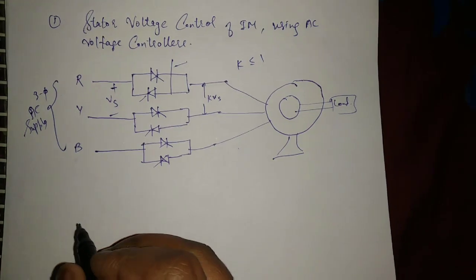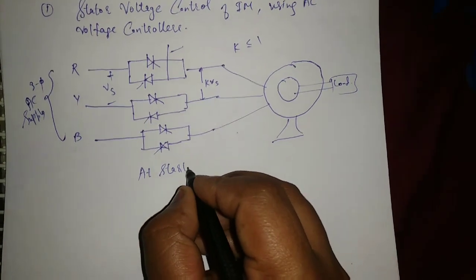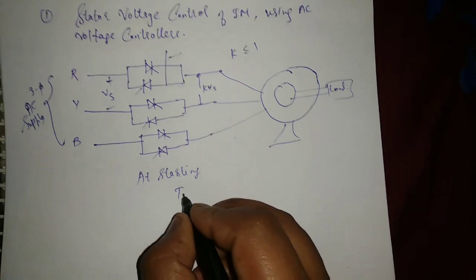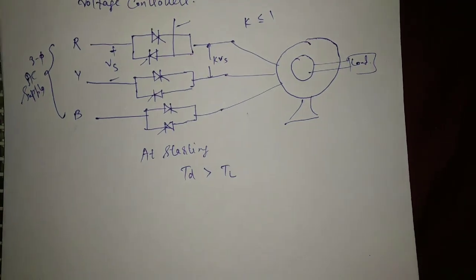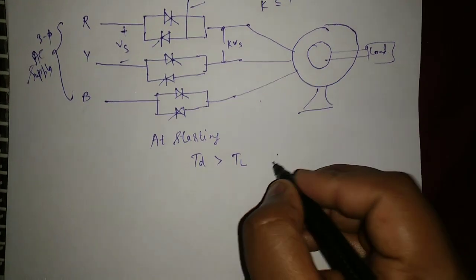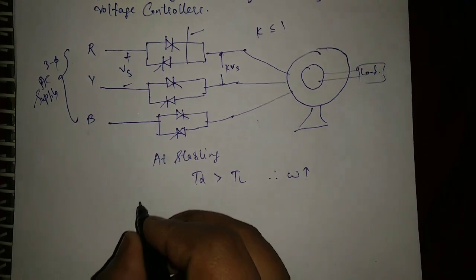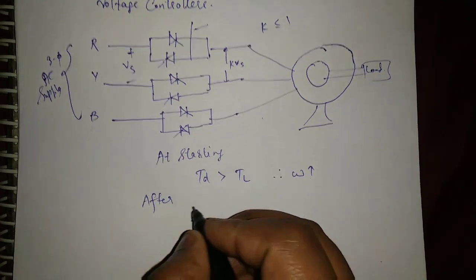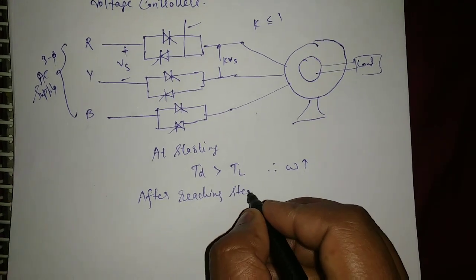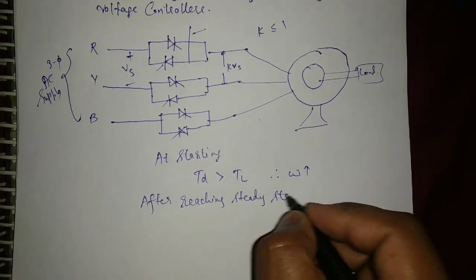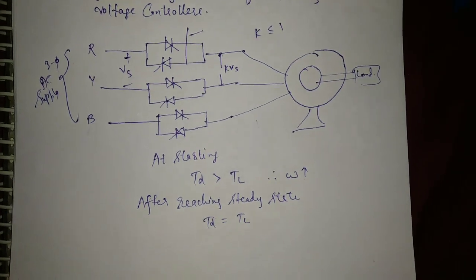Okay, so at starting में क्या होगा, TD is greater than TL, developed torque is greater than load torque, so therefore speed increases. After reaching steady state TD is equal to TL.